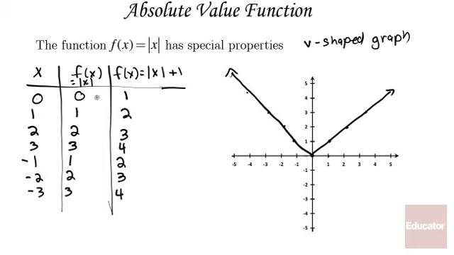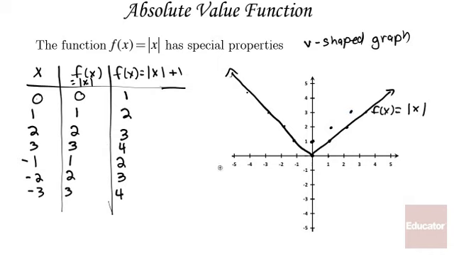So now let's see what my graph is going to look like. Right here I have the graph for f of x equals the absolute value of x. Now I'm going to look at this graph. When x is 0, f of x is 1. When x is 1, f of x is 2. When x is 2, f of x is 3.